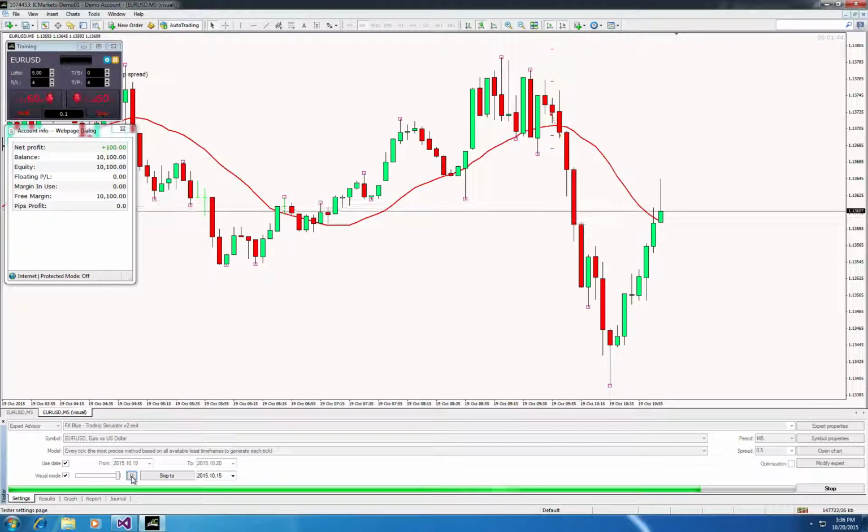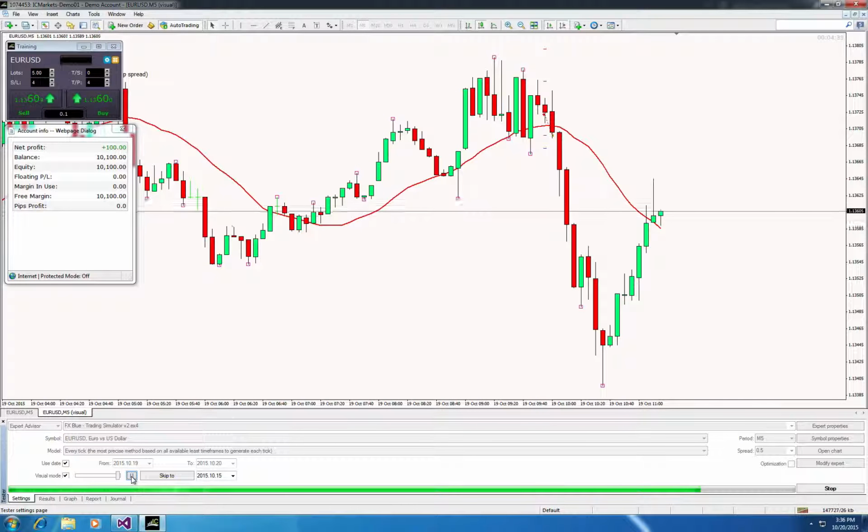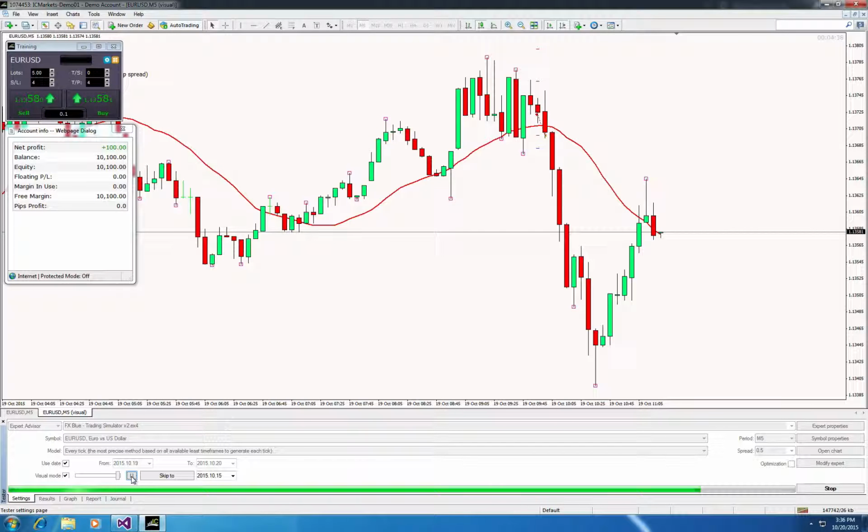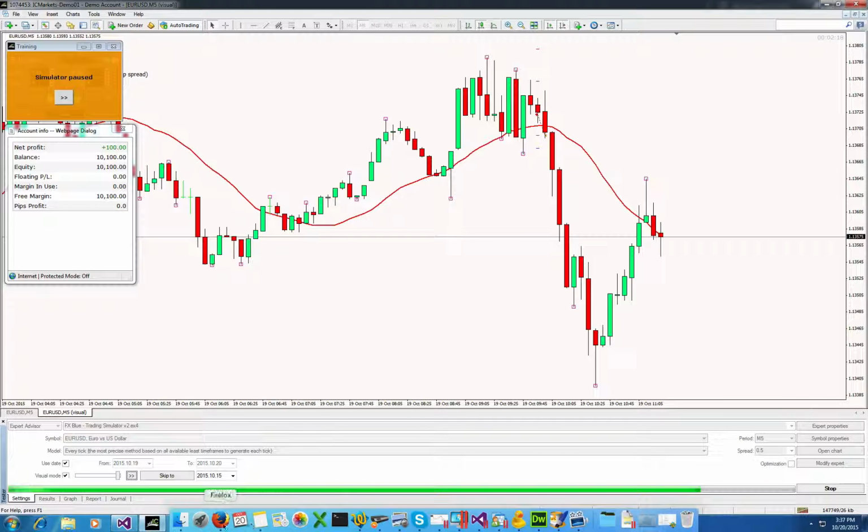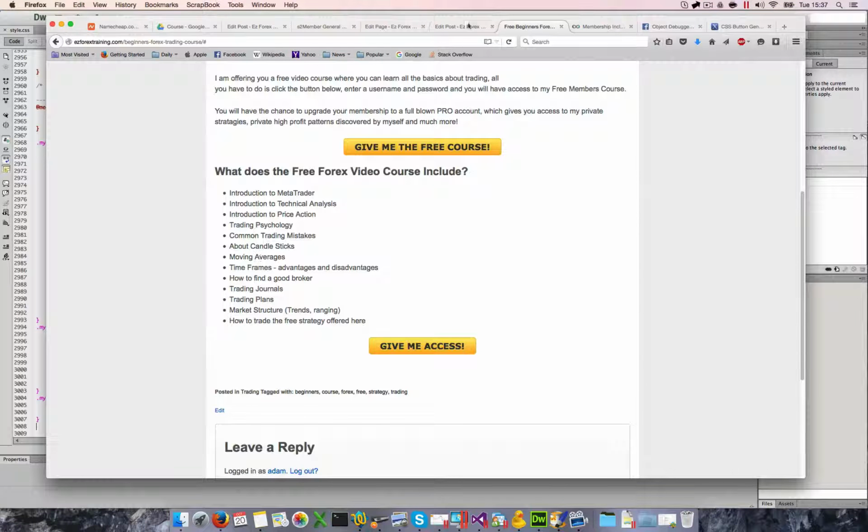Then we will have an introduction into candlesticks, candlestick analysis, price action in general, candlestick formations, moving averages, trend lines, support and resistance, all the major parts to trading. Basically this is what it's going to include. I'm just designing this page at the moment.